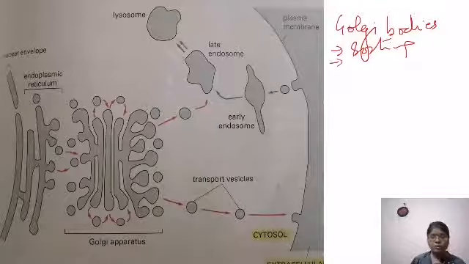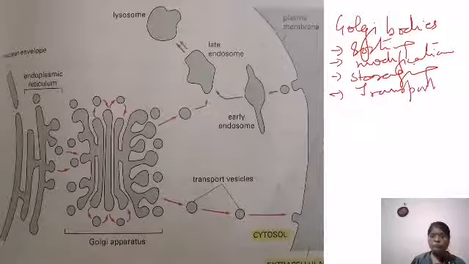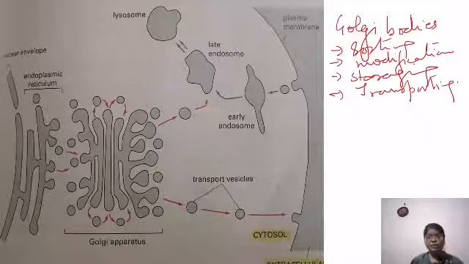It does modification: it makes glycolipids and glycoproteins. It is also a storage site, storing, and then transporting things in vesicles to their destination. It moves from the Golgi bodies, as we can see here.